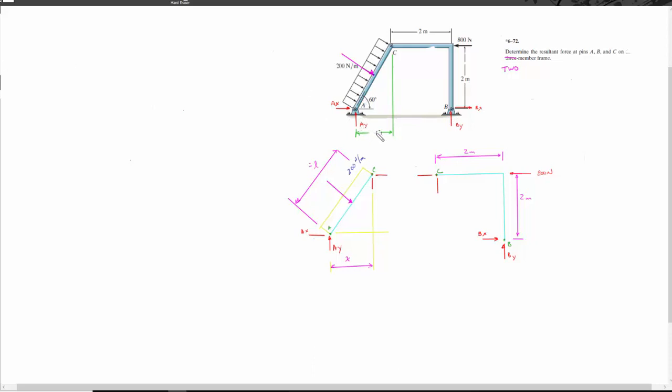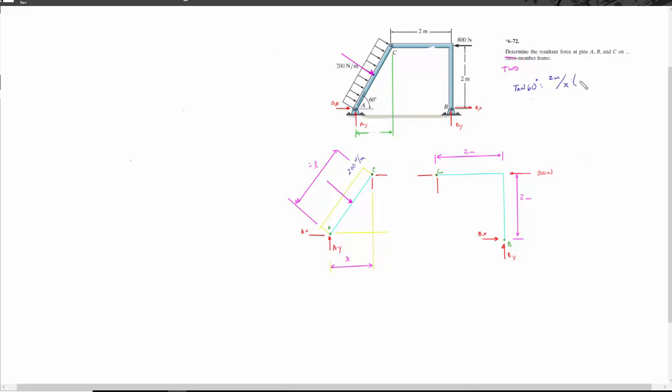To solve for x down here, we know that this is 2 meters. So I can use tangent. The tangent of 60 degrees is equal to the opposite, which we know is 2 meters, over the adjacent side, which we're going to call x.